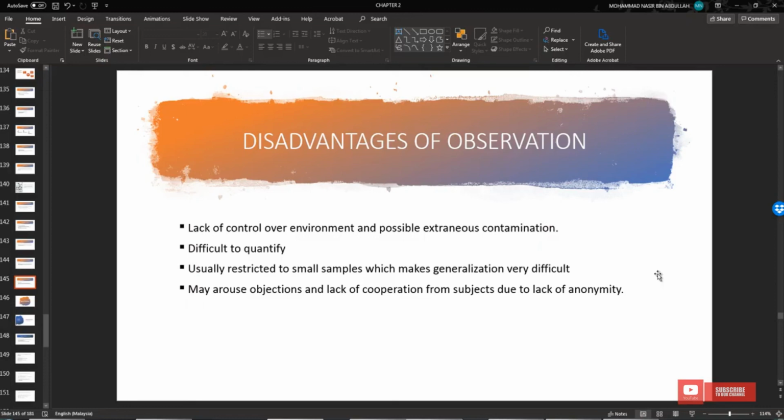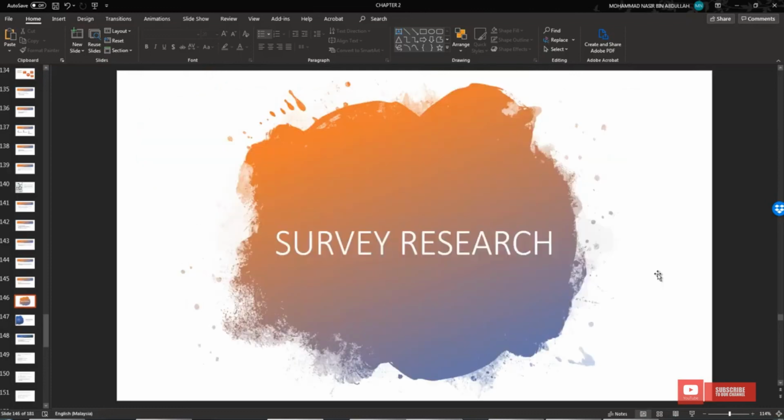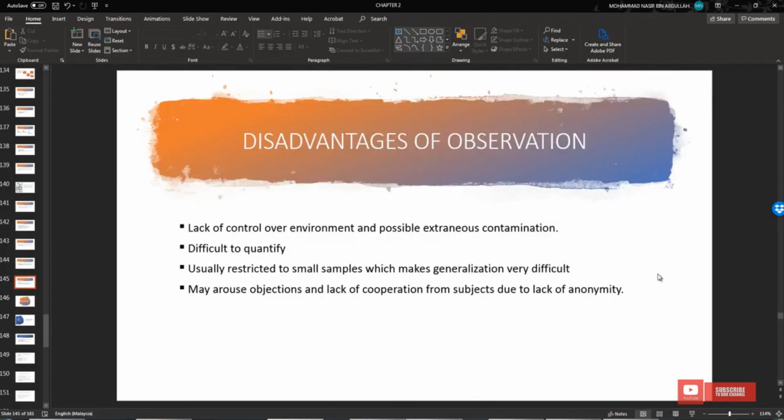It is usually restricted to a small sample, which makes generalization very difficult. It may arouse objection and lack of cooperation from subjects due to lack of anonymity. So these are some of the disadvantages of observation data collection.